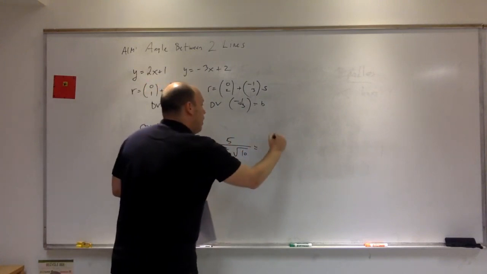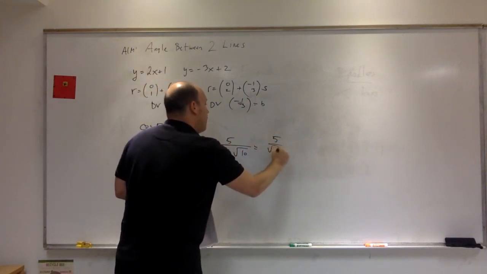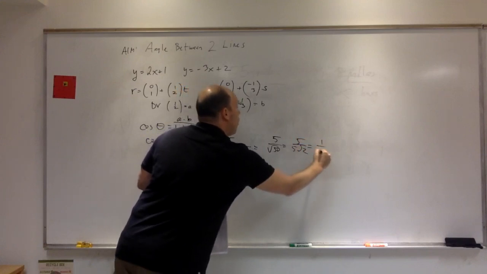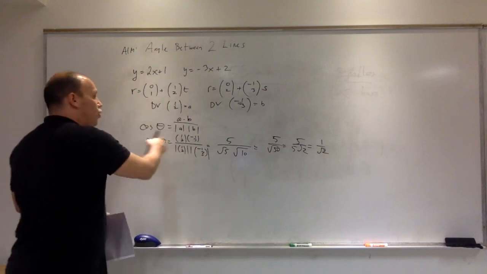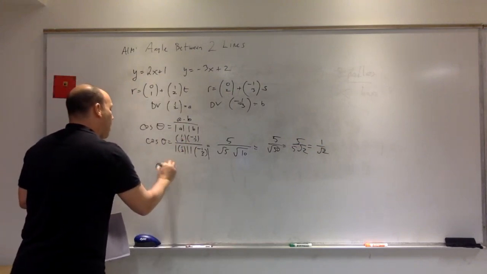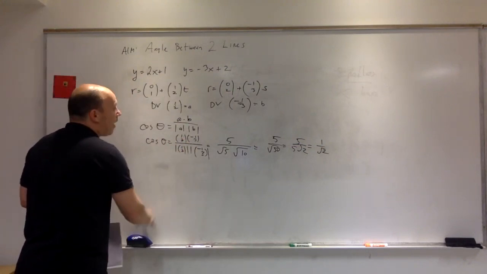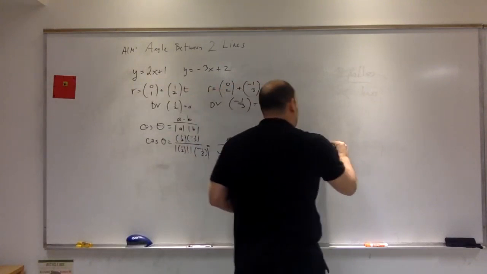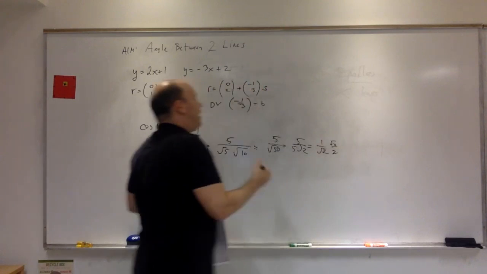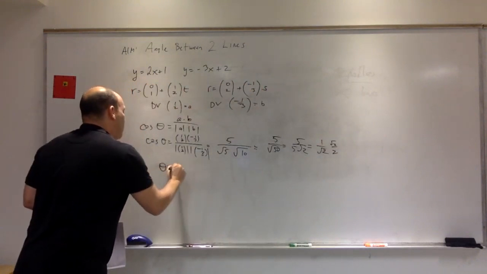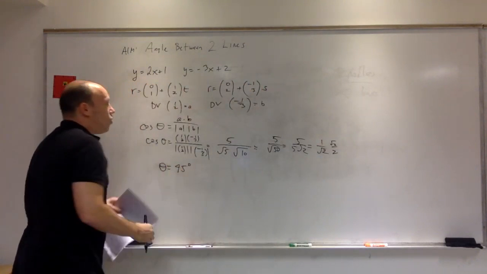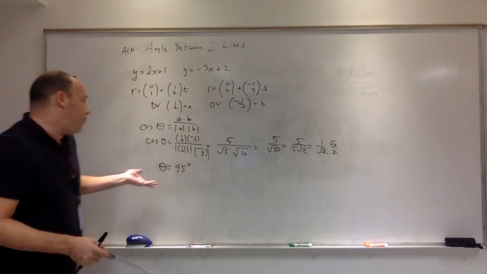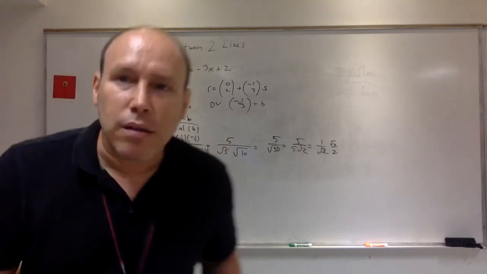And so we get 5 over radical 50, which is 5 over 5 radical 2, which is 1 over radical 2. You should remember the cosine, you don't need a calculator for this. The second you see 1 over radical 2, which is also radical 2 over 2, immediately you know that theta is 45 degrees. And so that's basically it. That's the formula. A couple of nifty little things.